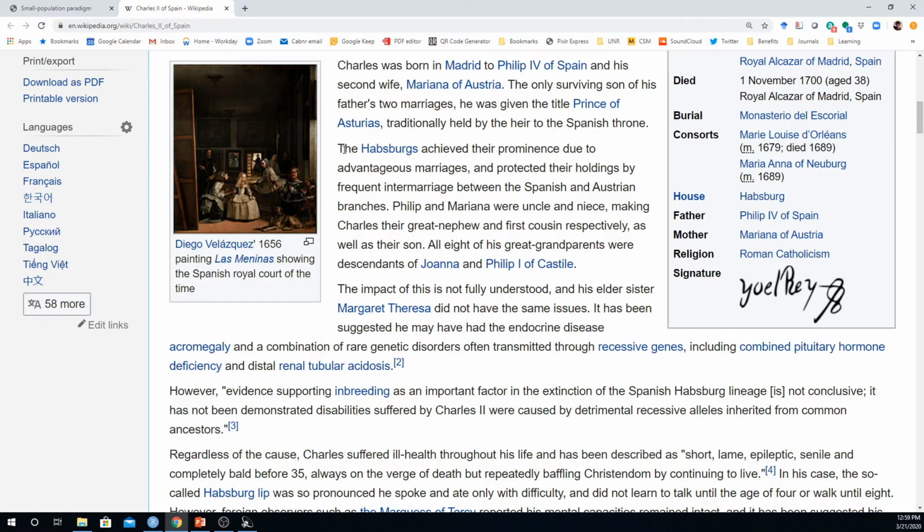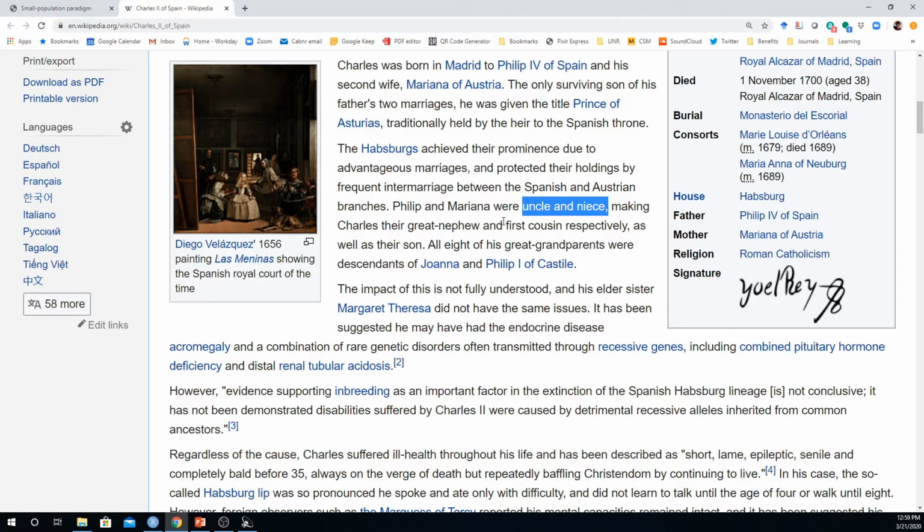The Habsburgs achieved prominence partially due to advantageous marriages, and protected their holdings by frequent intermarriage between the Spanish and Austrian branches. Philip and Mariana were his parents, and they were also uncle and niece. So they're pretty close relatives, making Charles their great-nephew and first cousin, respectively, as well as their son.